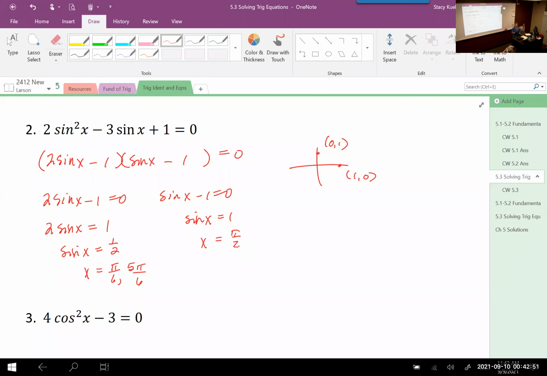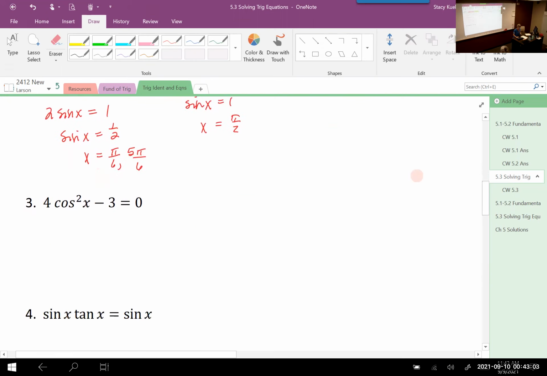So far we've looked at collecting like terms as a way to solve an equation. We've talked about factoring, when you are using the zero product rule. How about this one right here, 4 cosine squared x minus 3? Wouldn't that be another binomial that you could factor? That's a good question. Is it a binomial?